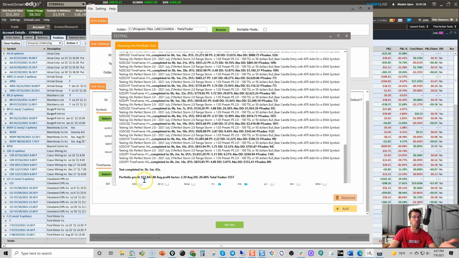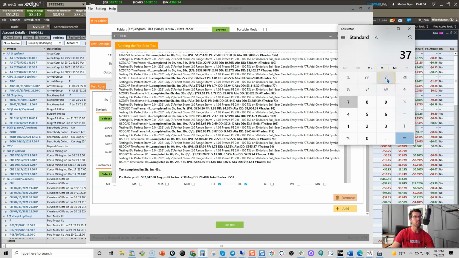So this is your portfolio profit at 37 plus. If I take my portfolio profit, which is $37,847.88, plus the $5,000 starting balance, my account balance after 2.5 years is $42,847. The profit factor is 2.39, which I love because that means my reward is bigger than my risk.